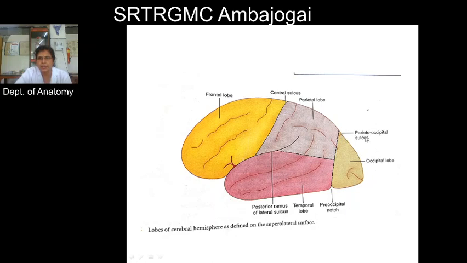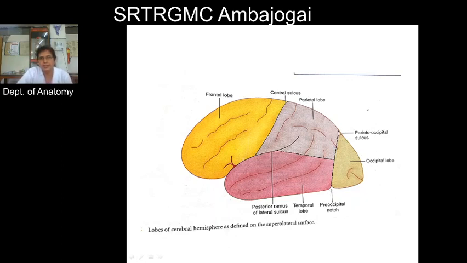Then at the inferolateral border, about 5 cm in front of the occipital pole, there is a notch or depression. That notch is called the pre-occipital notch, which is produced by the petrous part of the temporal bone. Now 2 imaginary lines are drawn.